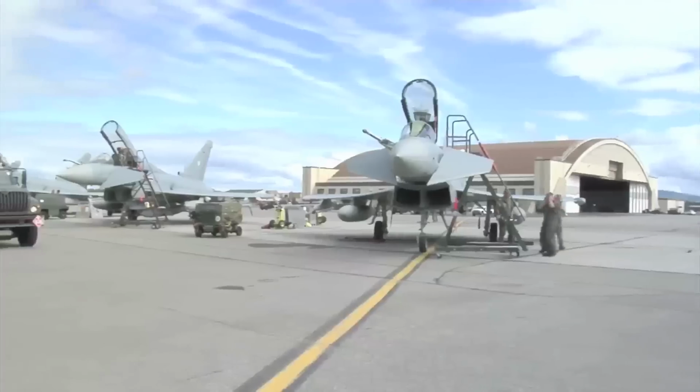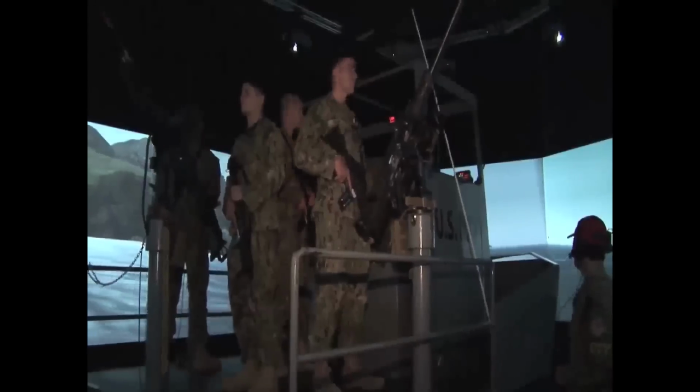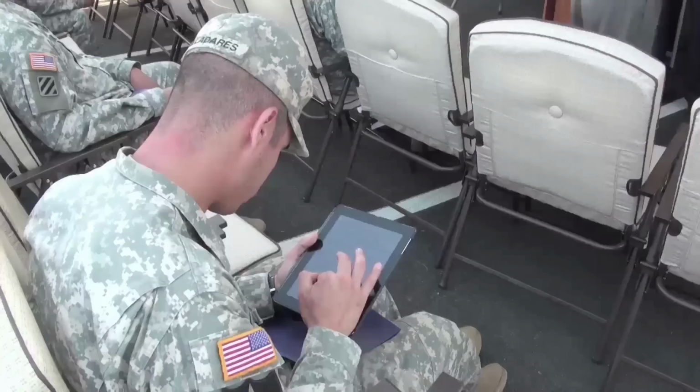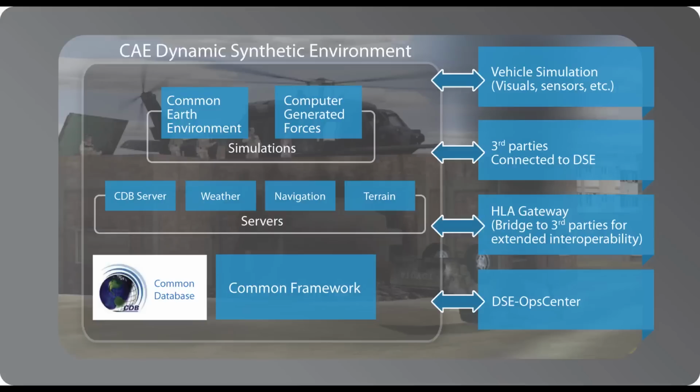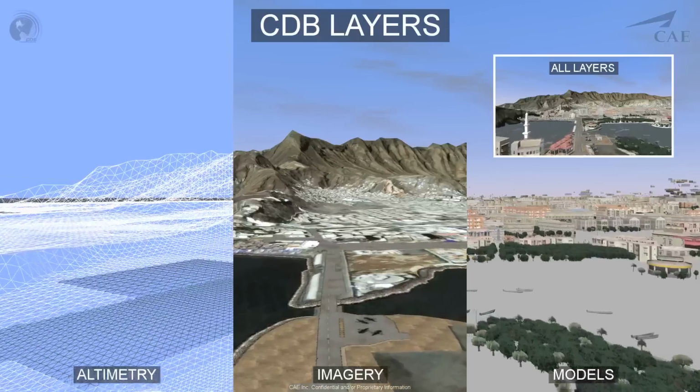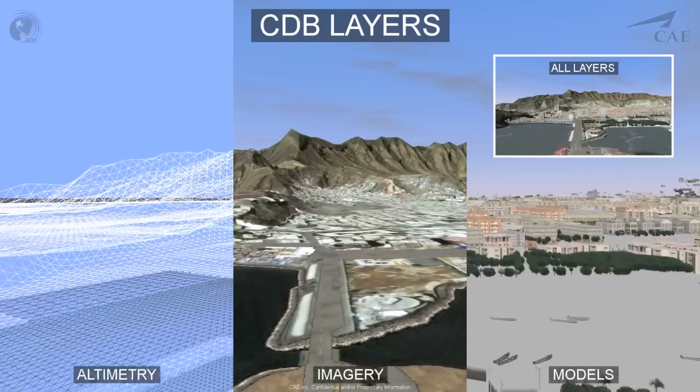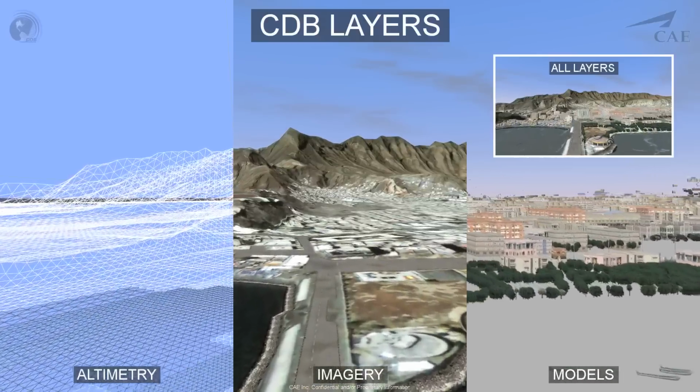DSE is scalable from very large, live, virtual, and constructive federations to a single laptop or mobile system. This approach to dynamic terrain has as a prerequisite a server-based common runtime format, such as CDB, but it can be used together with legacy systems and legacy dynamic terrain approaches.